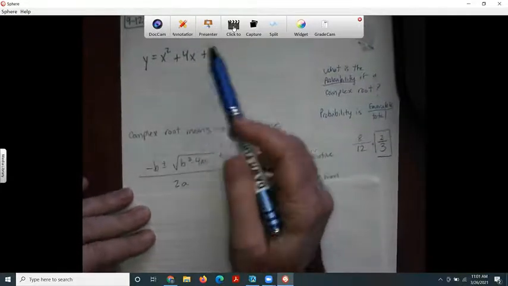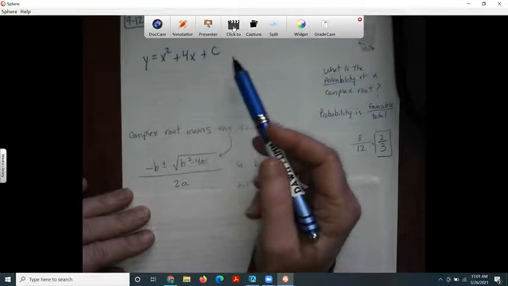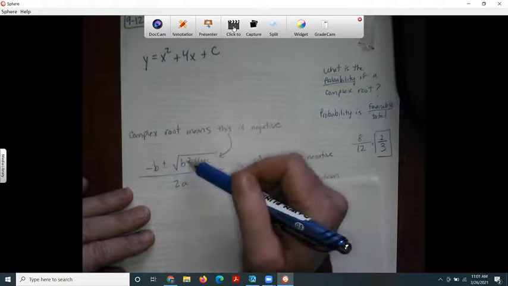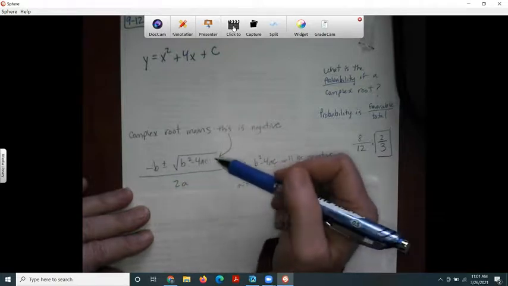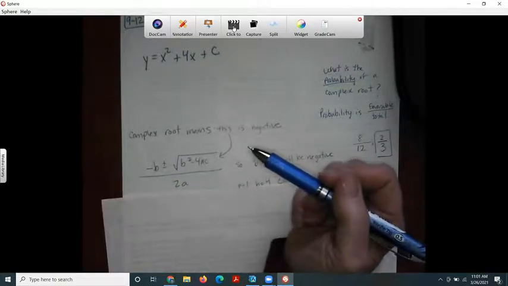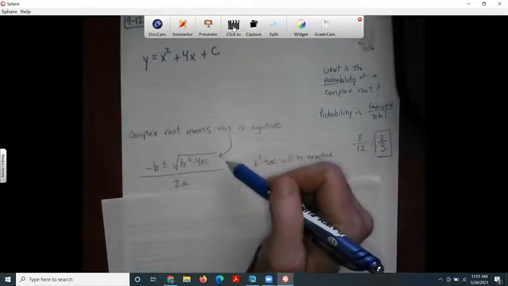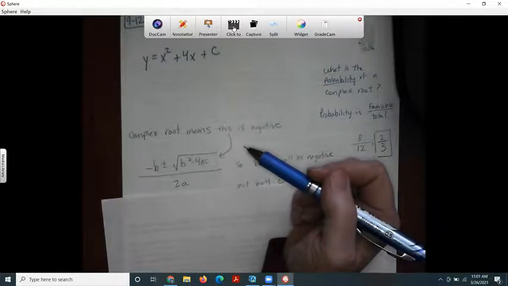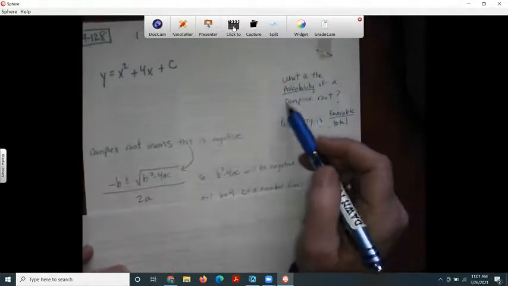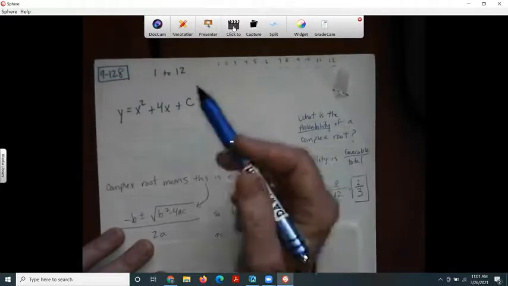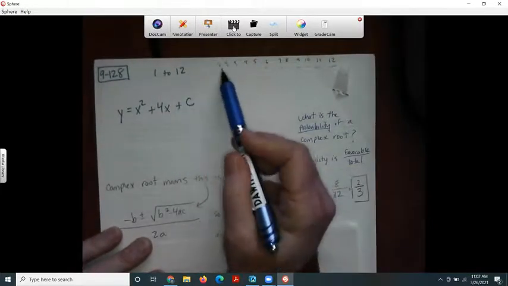You tried to factor this, it didn't work, so you plugged all the numbers in, and then under here you get like negative 22 or something. That gives you an i, that gives you the plus or minus i, and that means you've got complex roots. So we're saying, what is the probability of getting a complex root if C is any of these numbers, the numbers 1 to 12?